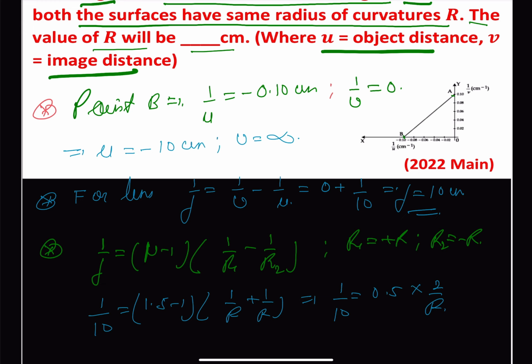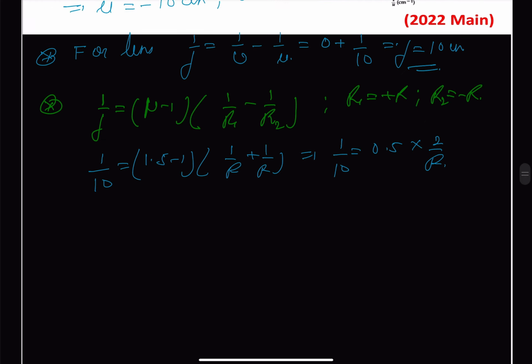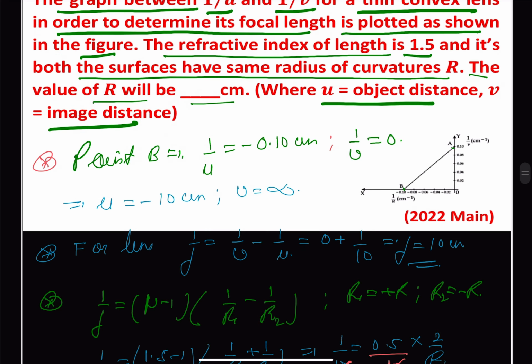Therefore, we can say that our r, radius of curvature, will be coming as, you can say this will be 10 and 10, and 10 goes away, so r will be 10 centimeters. So we found out our radius of curvature will be equal to 10 centimeters. Next question.